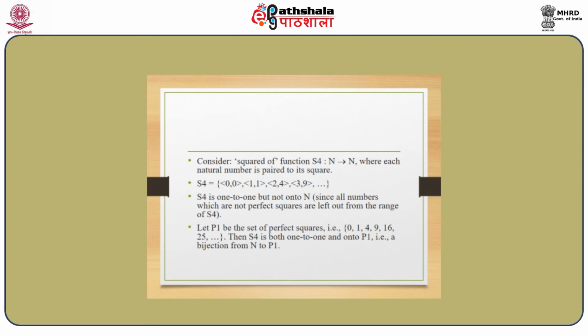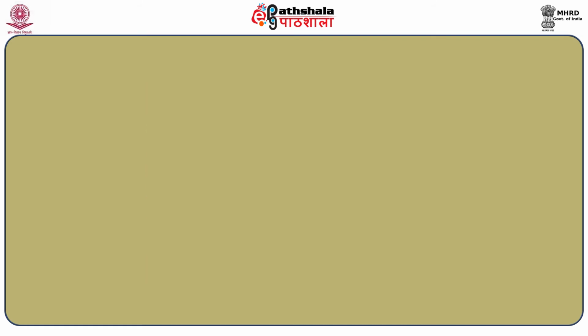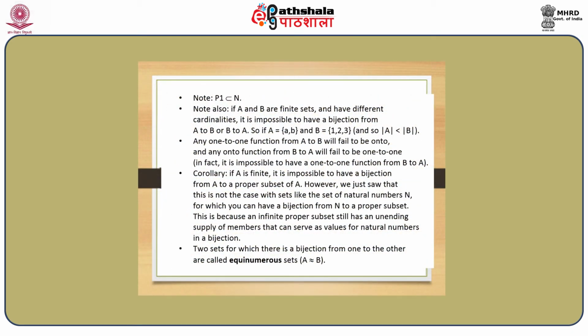What is interesting about this is the fact that P1 is a strict subset of N. Note that if A and B are finite sets with definite cardinalities, it is impossible to have a bijection from A to B if one is a proper subset of the other. So if A equals {a, b} and B equals {1, 2, 3}, so the cardinality of A is less than the cardinality of B, any 1-to-1 function from A to B will fail to be onto, and any onto function from B to A will fail to be 1-to-1.